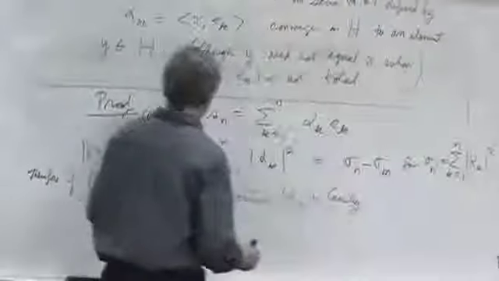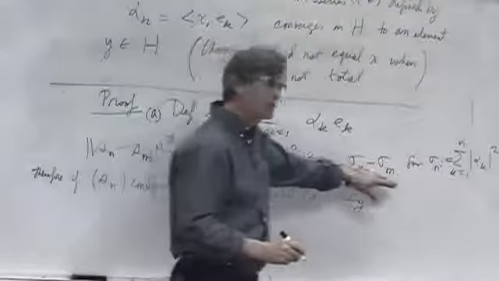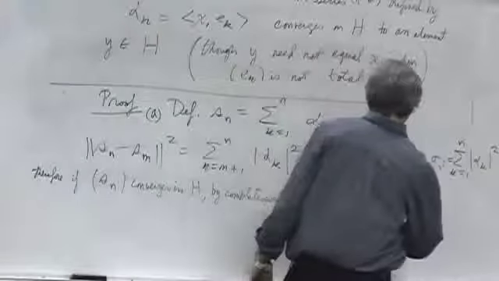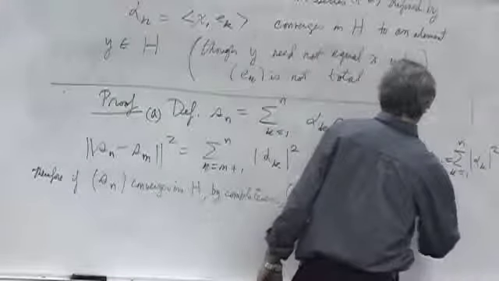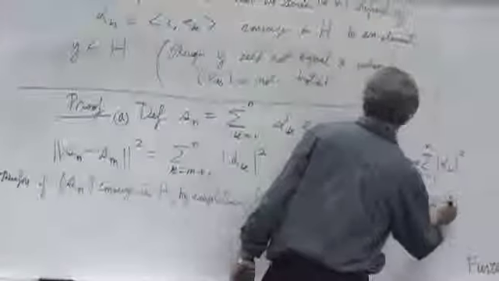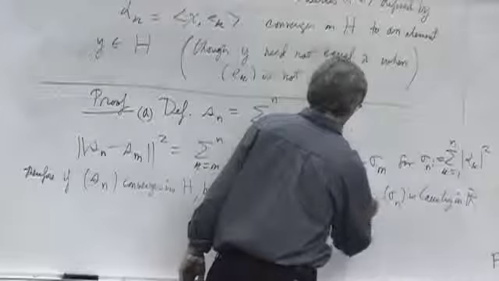So that means that this is less than epsilon for all n and m sufficiently large. Therefore, sigma n minus sigma m is less than epsilon for all n and m sufficiently large. So, sigma n is Cauchy in R. Because one is Cauchy in H, so the other one is Cauchy in R.